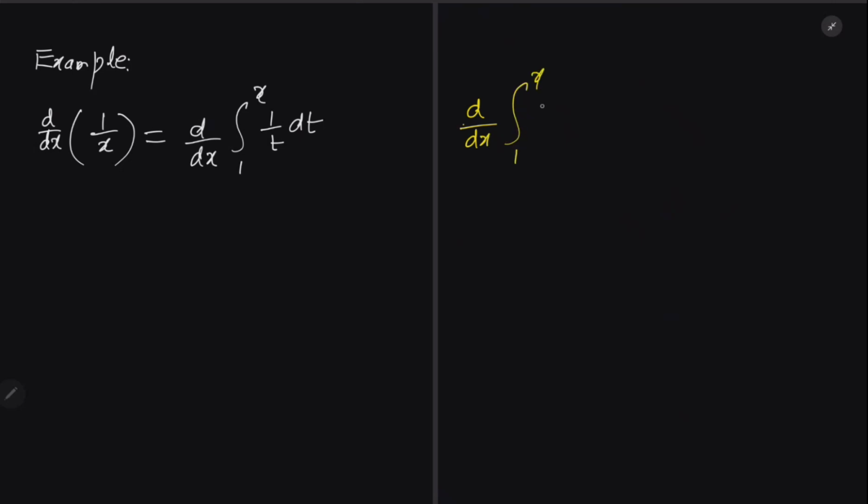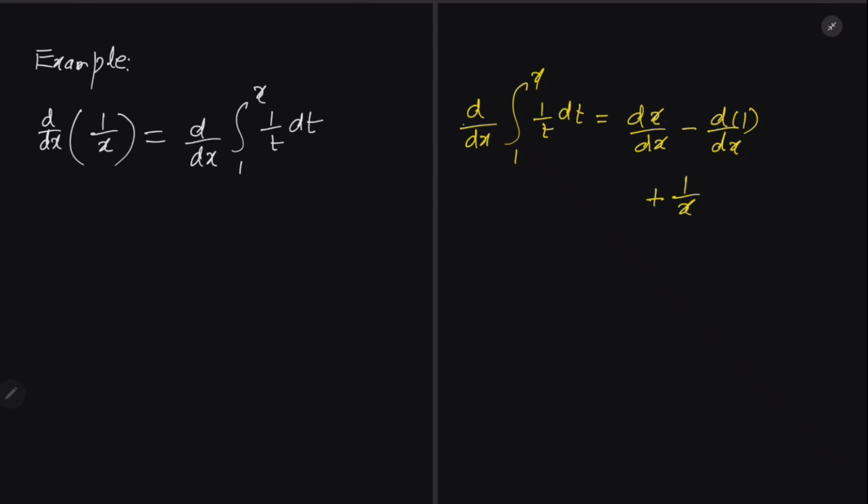So I write it formally, d by dx of the integral from 1 to x of 1 over t dt, and by the Leibniz rule, I maybe repeat it for you, when you take a derivative of an integral, first you apply the upper limit, minus then you apply the lower limit, which is 1, then you replace the function with 1 over x, the upper limit.